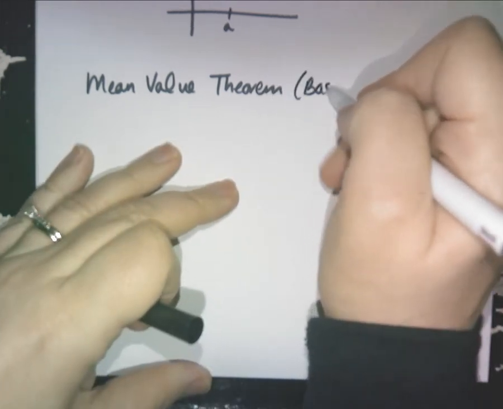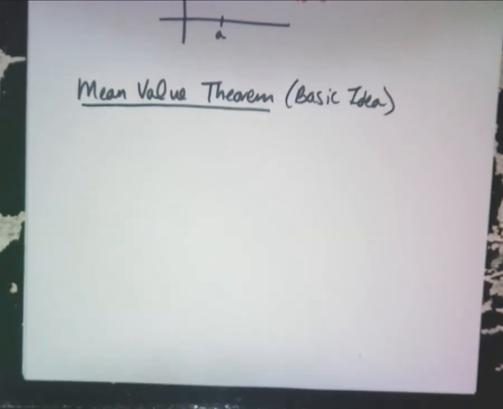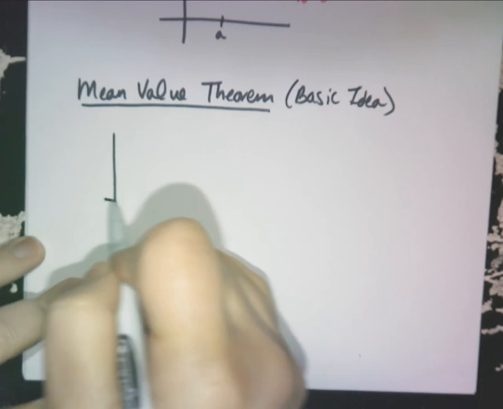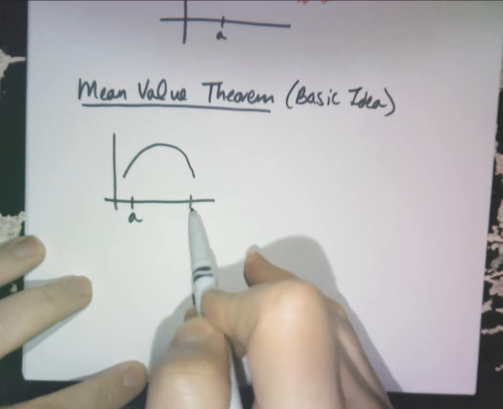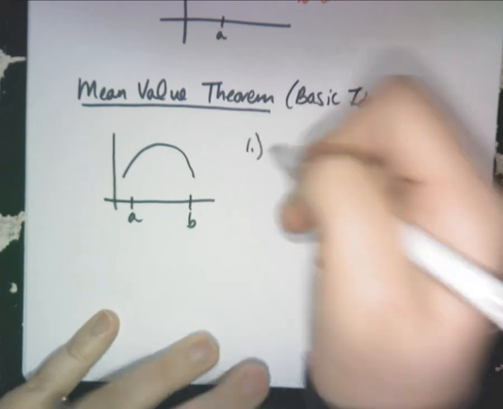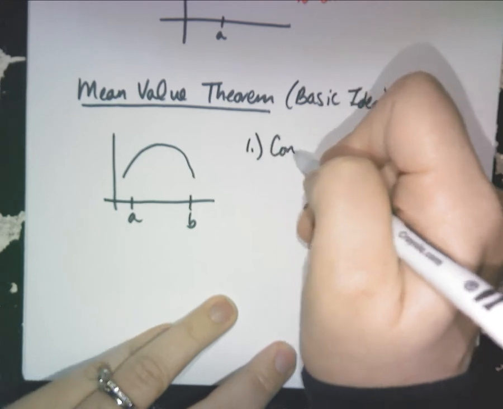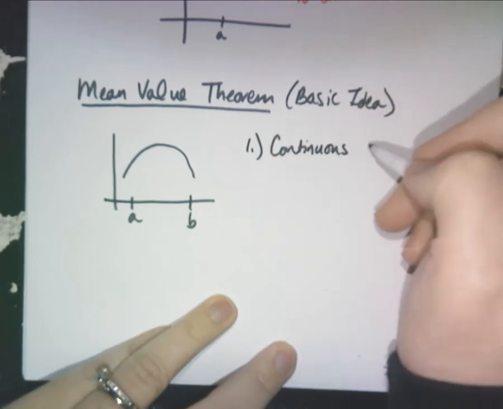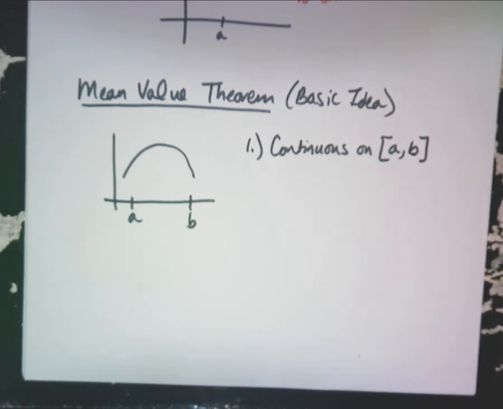Okay, the mean value theorem says that if I have some interval from A to B, then in order to apply the mean value theorem, first things off, you have to be continuous on the closed interval A to B. Meaning every point, including A and B, you have to be continuous. Meaning there's no holes, there's no gaps, there's no asymptotes. You all with me on that one?